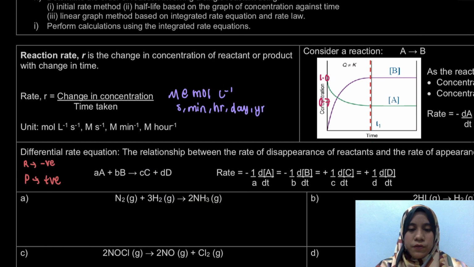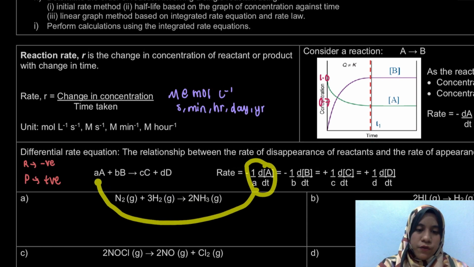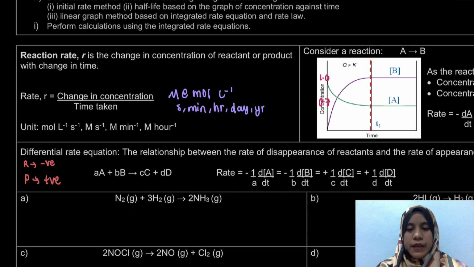So here negative is for reactant A, equal to the reactant B as well. It is the same as it is a reactant, it must have a negative sign in front of it. So once we have written down A and B for our reactants, we're going to write down our products. Remember, product is positive because as time proceeds, the concentration of product increases.